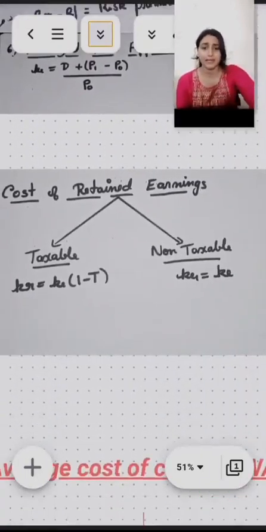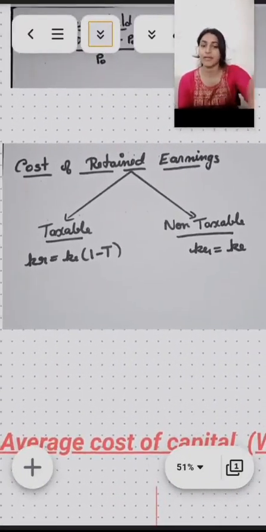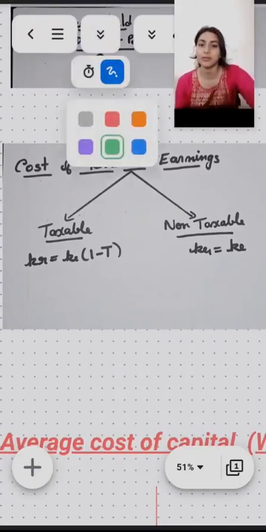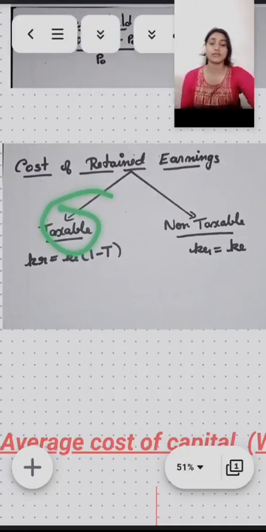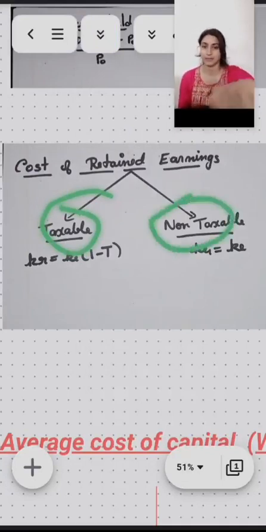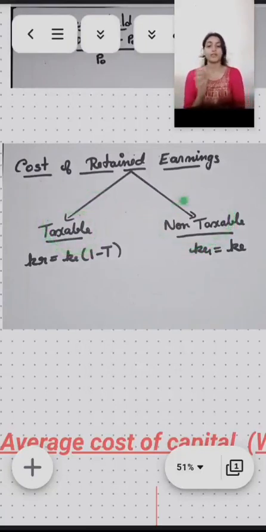Next we have the cost of retained earnings. The cost of retained earnings is divided into two, depending on whether such retained earnings are taxable or non-taxable. As I told you, retained earnings are a portion of the company's profit.